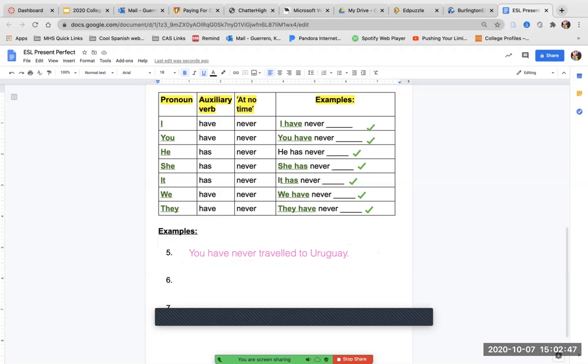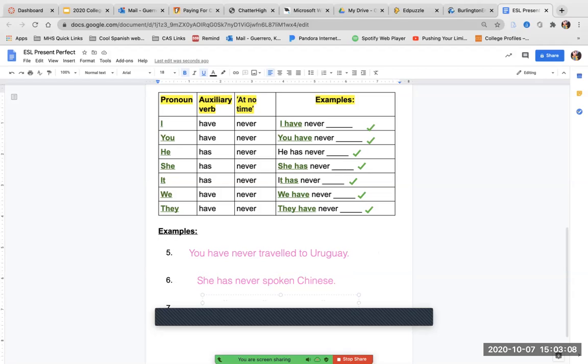Now we want to change that to she. She has never spoken, let's see, Chinese.